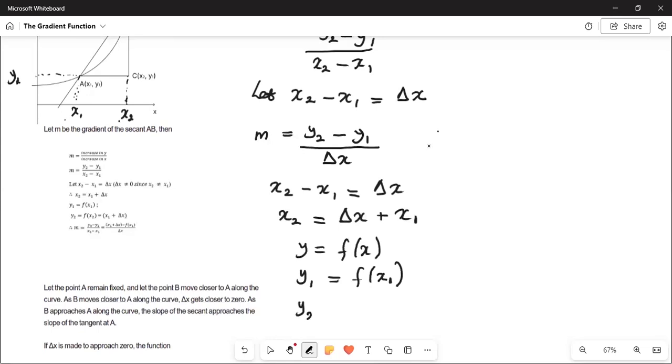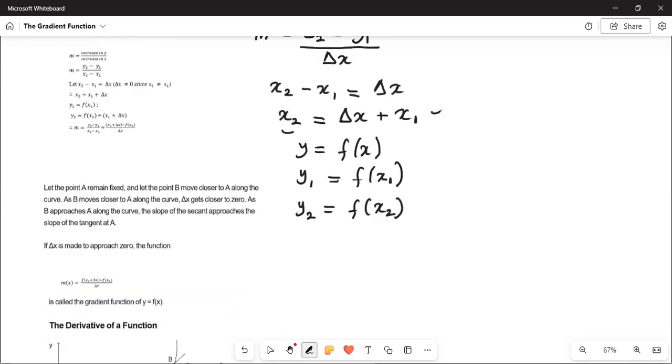Let me first of all write it. y2 is equal to f of x2, but x2 is x1 plus delta x. Therefore, y2 is equal to f of x1 plus delta x.